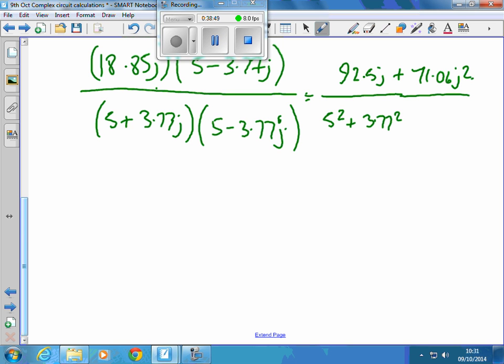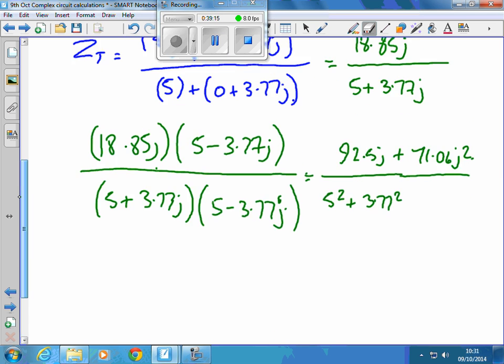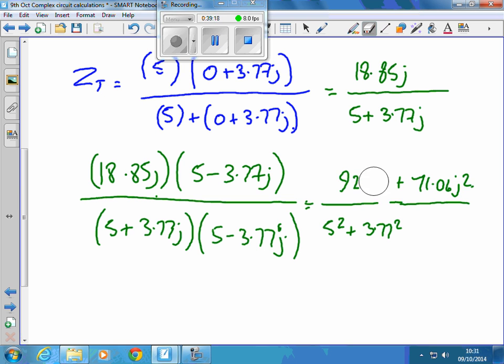So then, what is 71.06 J squared? 94.25J, yeah?